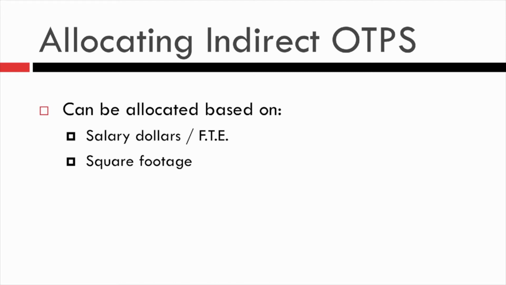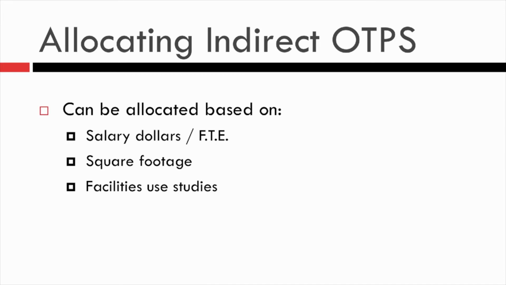Square footage is a better representation of the true cost of space and utilities for those programs than it would be just using salary dollars. Because if you only have 8 full-time employees working in the after-school program, you may end up underestimating the true rent and utility cost of those programs. So square footage may be a better representation of the total costs related to that program.